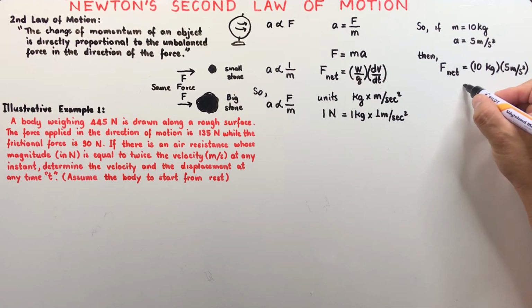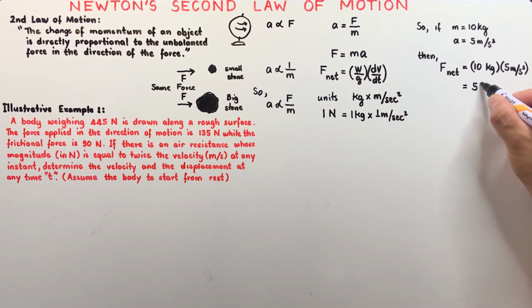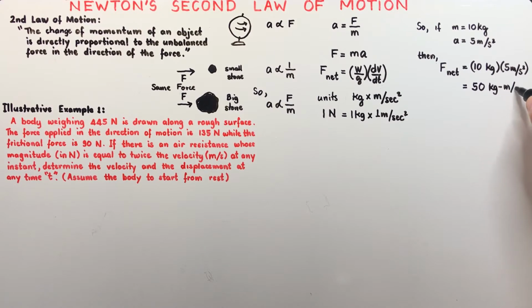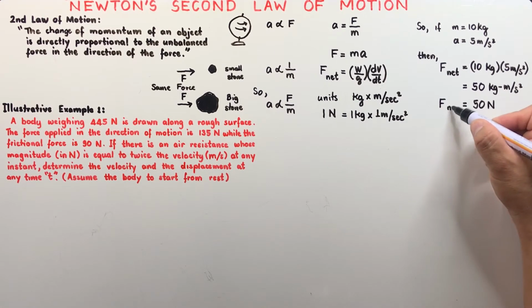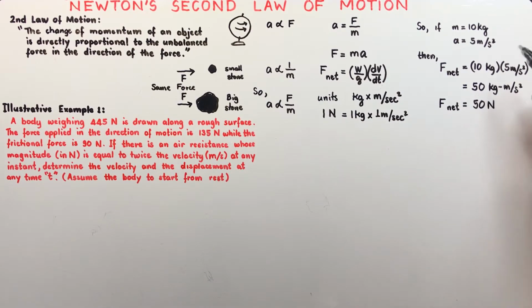If you multiply this, it is 50 kilogram meter per second squared. In other words, you need 50 Newtons as the net force applied to an object whose mass is 10 kilograms to have an acceleration of 5 meters per second squared.